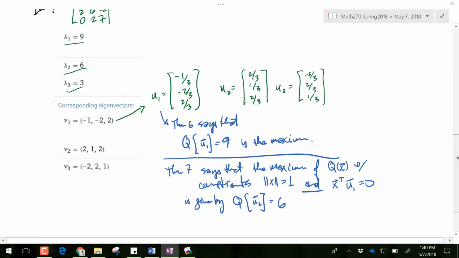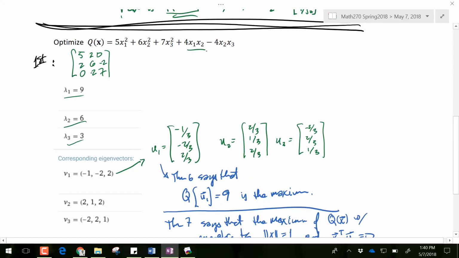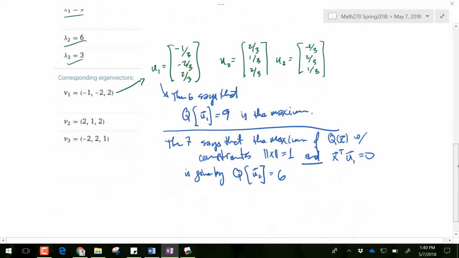You should consider putting it back into here, except there's a bunch of fractions, so I'm not going to do it.